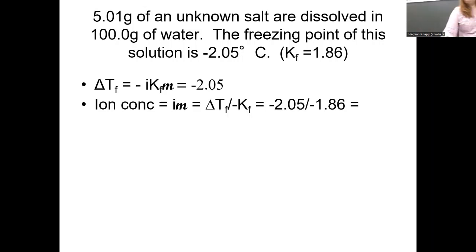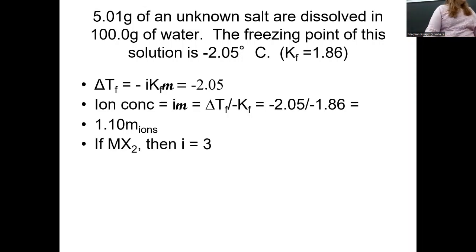Okay, so we figure this out to be 1.10 molal in ions. So that means that if we have MX2, M being whatever the metal is, because this is ionic, X being whatever the non-metal is, then the Van Hoff factor would be 3.